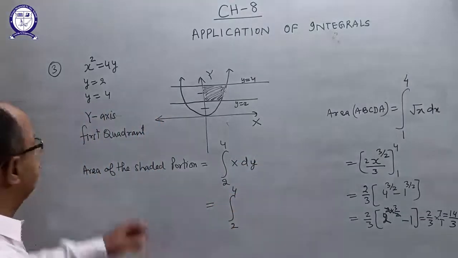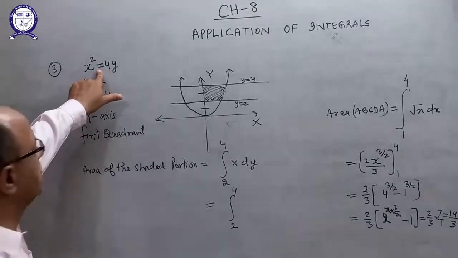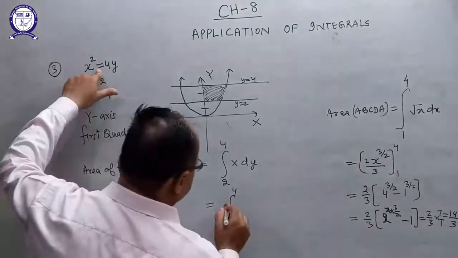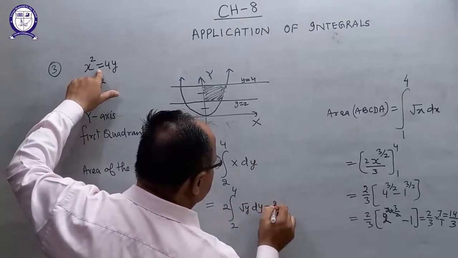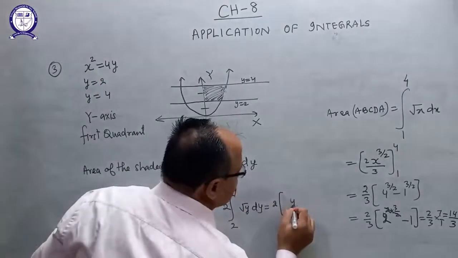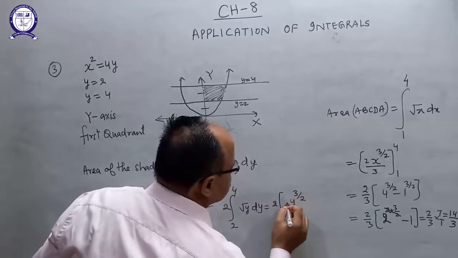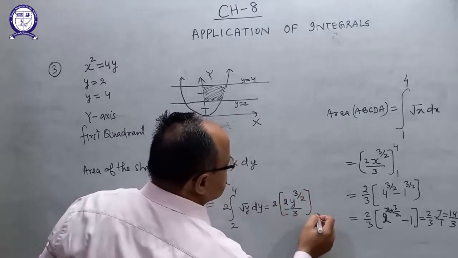What is the value of x from the first equation? That is 2 root y. So 2 root y dy. And you know that the integration of root y is y to the power 3 by 2 into 2 by 3, with limit 2 to 4.